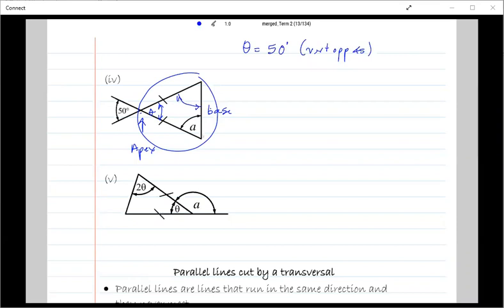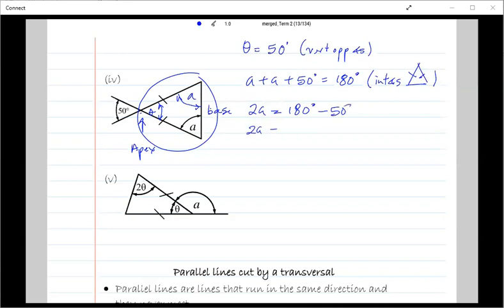So if this is A, this is also A. So A plus A plus 50 is equal to 180 degrees. They are the interior angles of an isosceles triangle. 2A is equal to 180 minus 50. 2A is equal to 130. Divide both sides by 2. Therefore, A would be equal to 65 degrees. Did you get that?